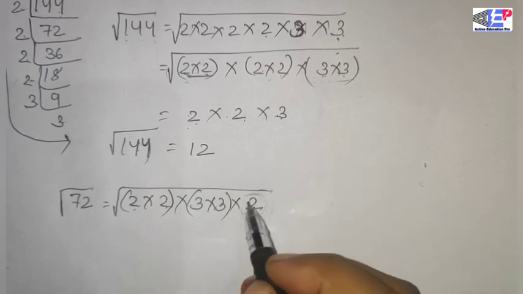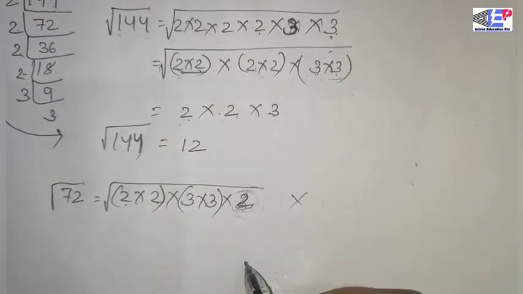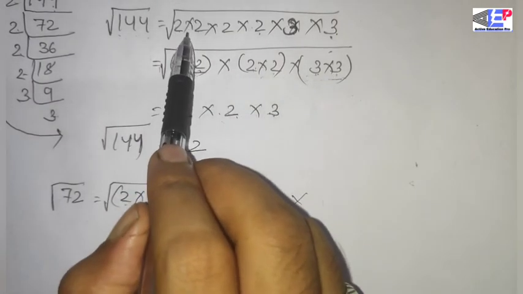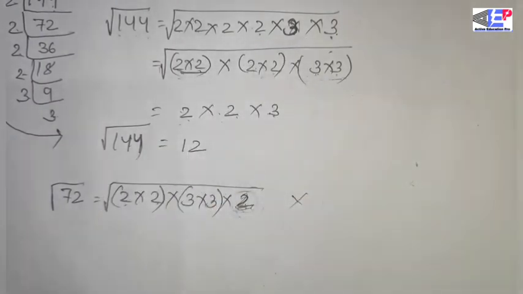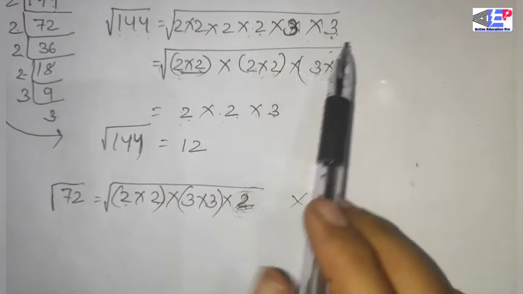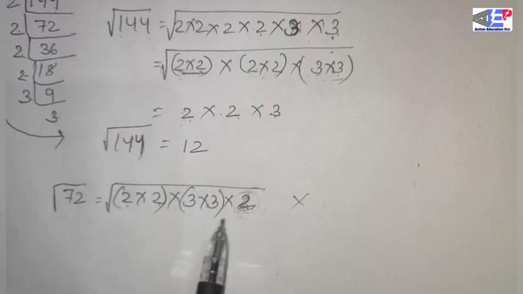So 72 is not a perfect square. If a number is a perfect square, then it must have a perfect number of groups, an even number of factors. Another clue is an even number of factors. A perfect square contains an even number of prime factors, whereas a non-perfect square number contains an odd number of prime factors.